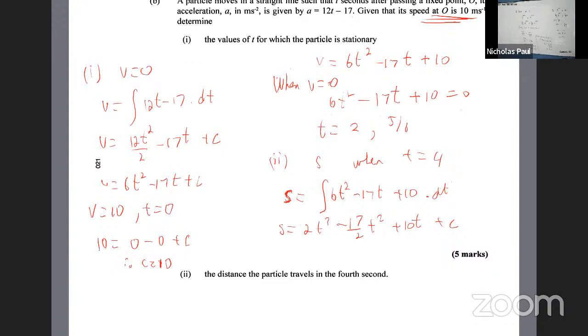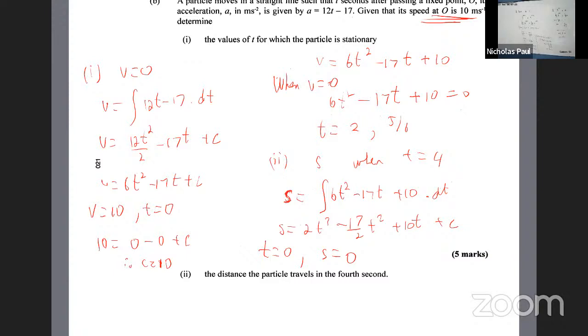Remember, when t is 0, displacement is 0.